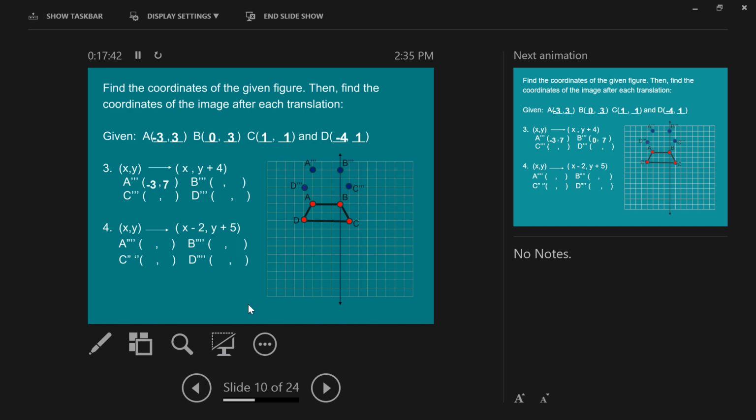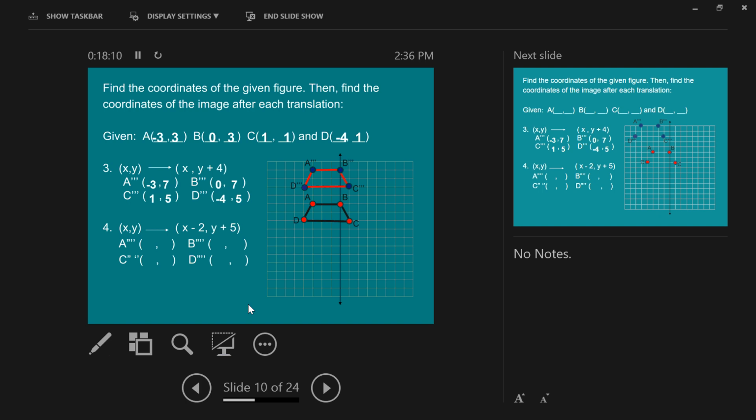Okay, and what would B be? 0, 7, good. And C? Good. And D? Nice. Okay, and once I have all those, I can go over here, draw it on my coordinate grid, and connect them all, and I can see it's the exact same shape, it's just been translated up.